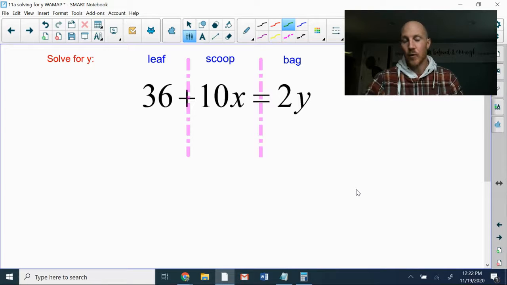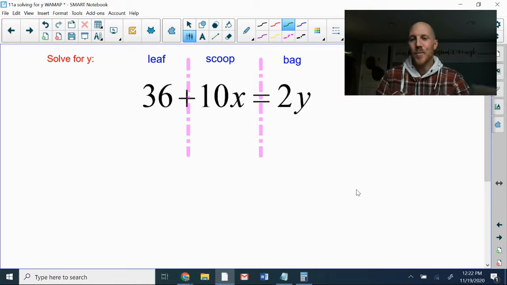And then for the yard waste bags, I know that a yard waste bag is obviously much bigger than a scoop. It's not the same thing, but I can make the assumption every yard waste bag will hold the same number of leaves because I just have this one kind of tree and every leaf is identical and it's going to come out the same, which probably is not true, but it's a reasonable assumption that we can work with. So I can have this equation.